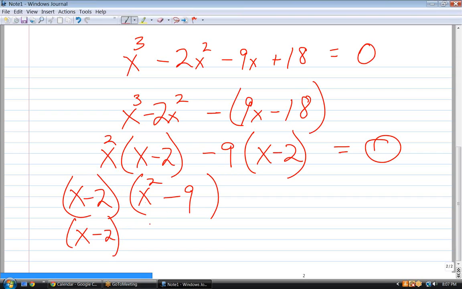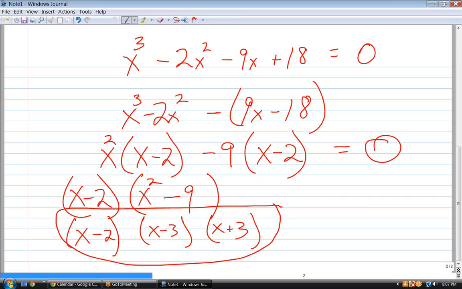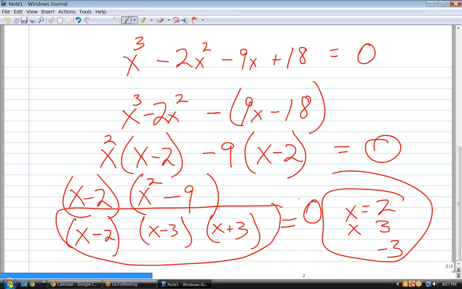How does this factor? X minus 3 and x plus 3. And x minus 2. So those are the three factors. So what are my three solutions? 2, 3, and negative 3. Yeah. And that's how you solve cubics that can be grouped.